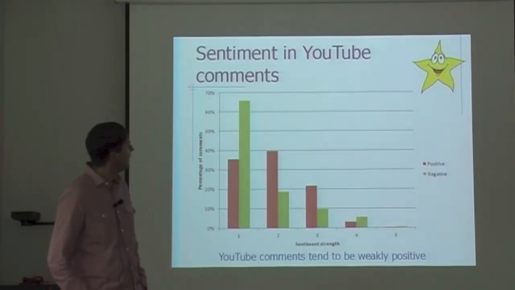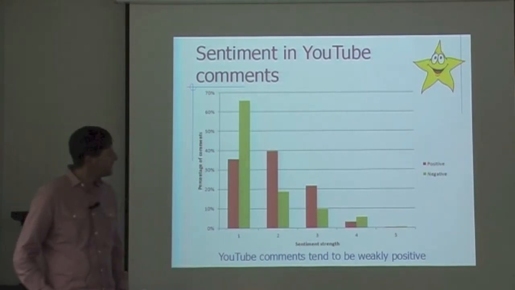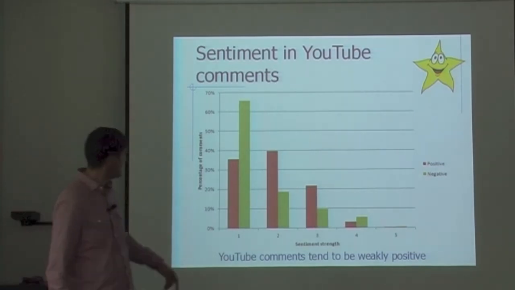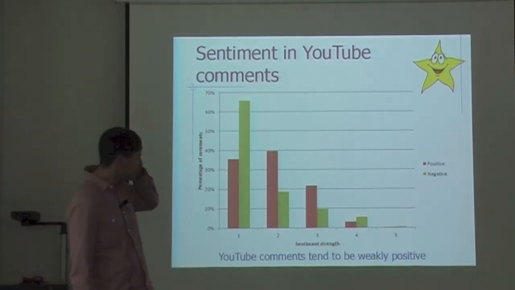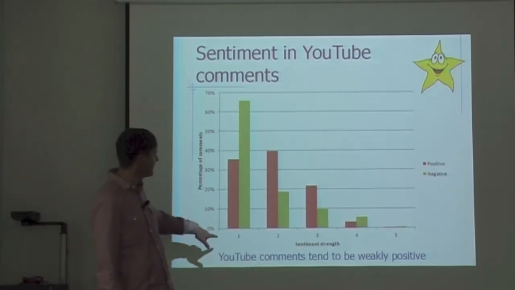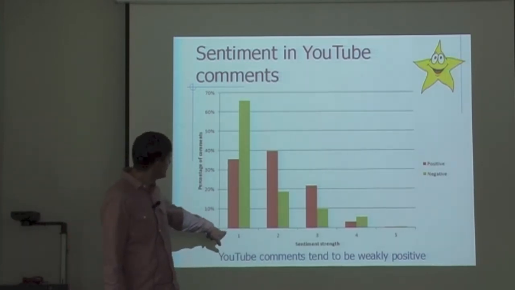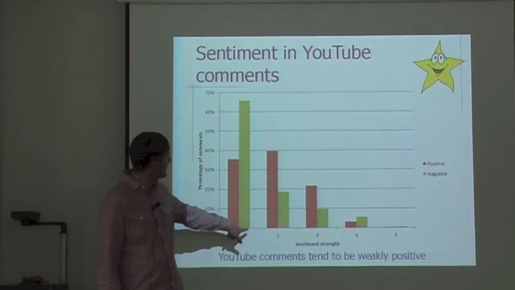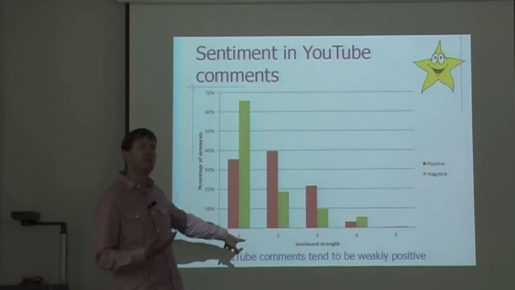So this is a graph of the average sentiment in all the comments from the 35,000 videos that we looked at. Sorry, this graph is a bit tricky to read. So for the positive sentiment, the median sentiment was moderately positive.